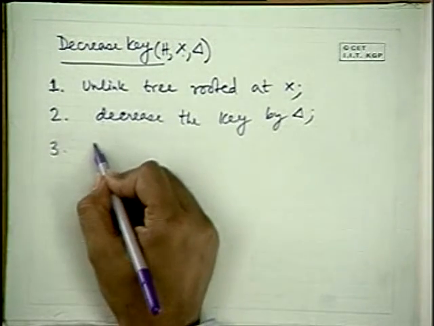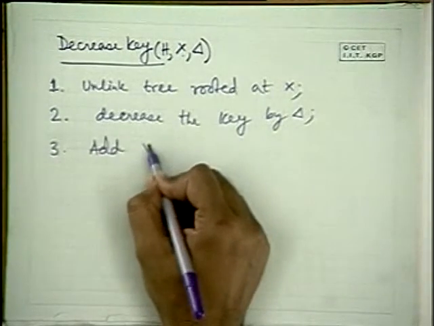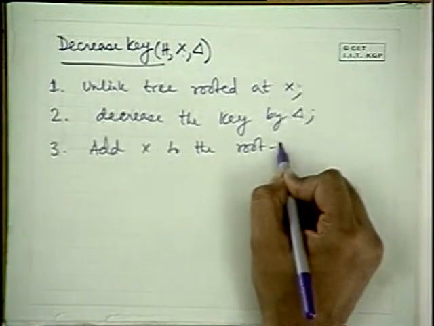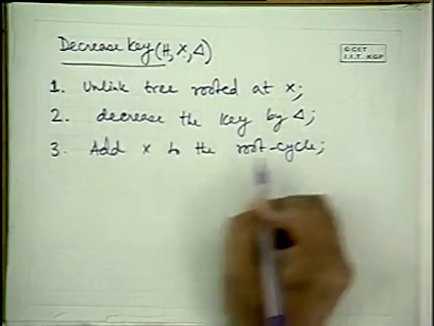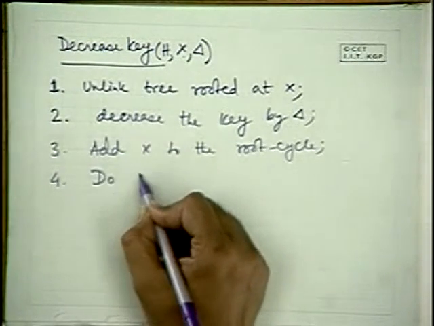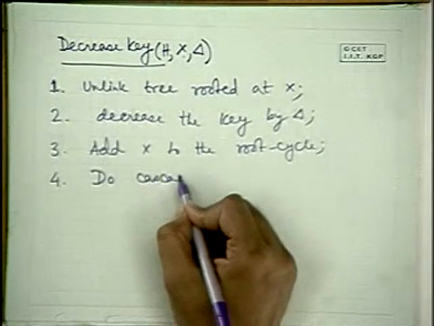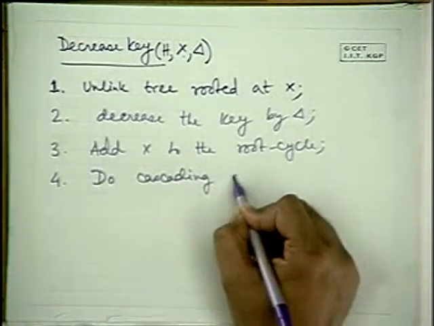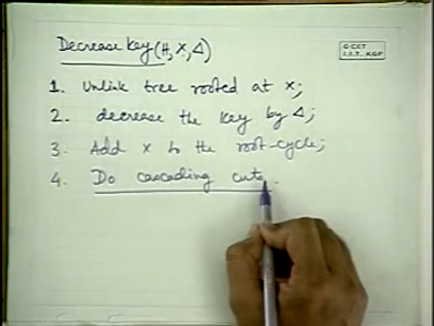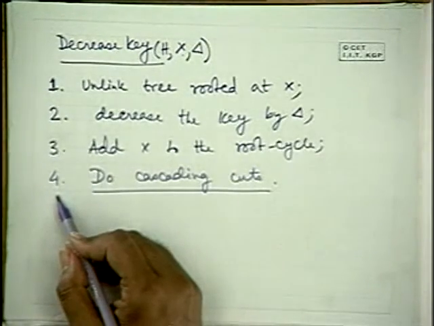Third, add x to the original root cycle now. And fourth, for the time being just assume that there is a cascading cut. I'll tell you what it is later. Do cascading cuts. So don't bother about the fourth operation right now.